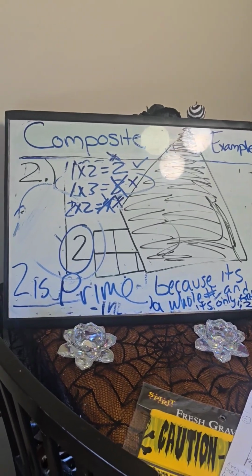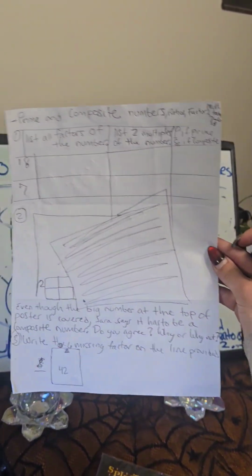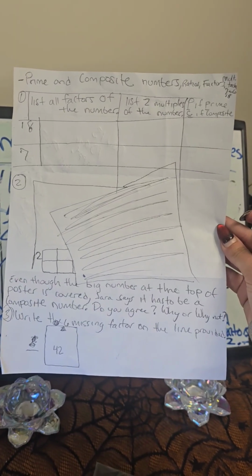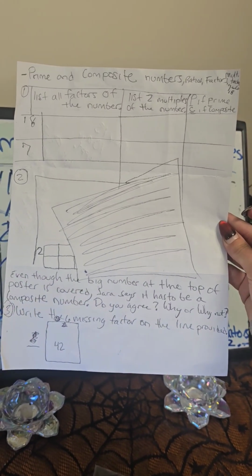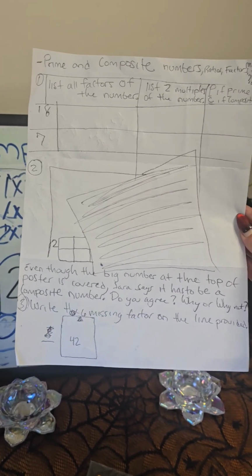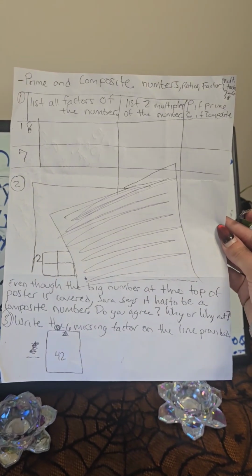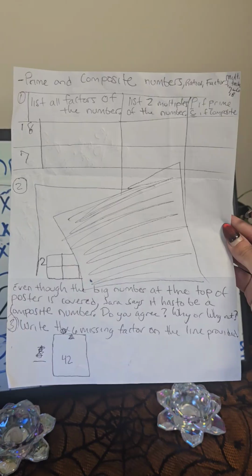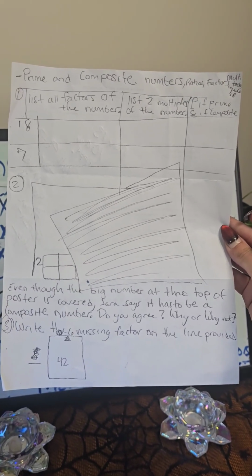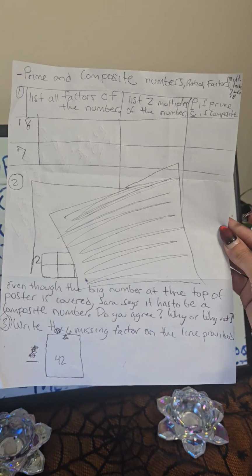So that would have been the answer for this problem number 2. Even though the big number at the top is covered, we don't see a big number, so we can't possibly do anything with that number. We don't know what it is. Okay, so that's what we call arbitrary. It means it's not really useful information to us, so we don't have to worry about that.